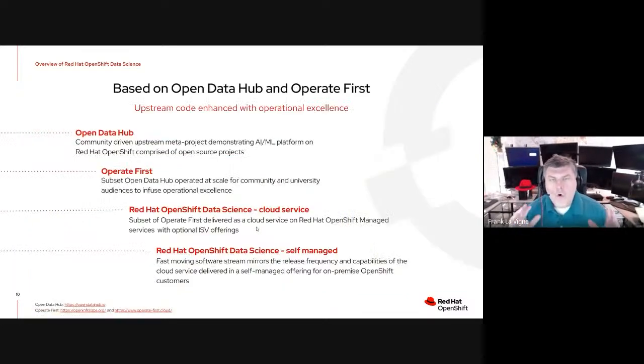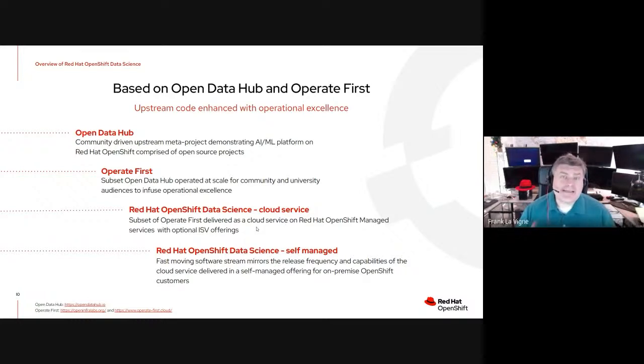Now, OpenShift Data Science, or RHODS, is based on the Open Data Hub project and Operate First. So what is Open Data Hub? Open Data Hub is the community-driven upstream open source project demonstrating how to build and architect an AI and machine learning platform that runs on OpenShift, right?